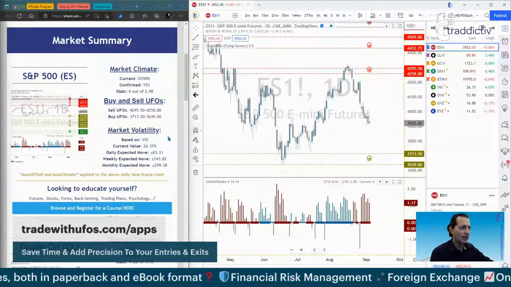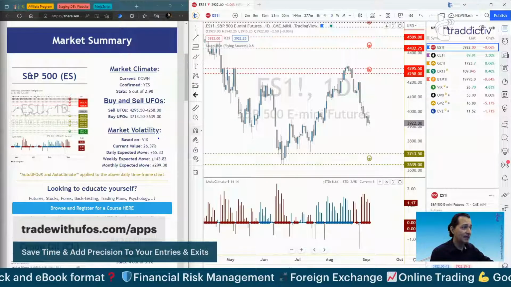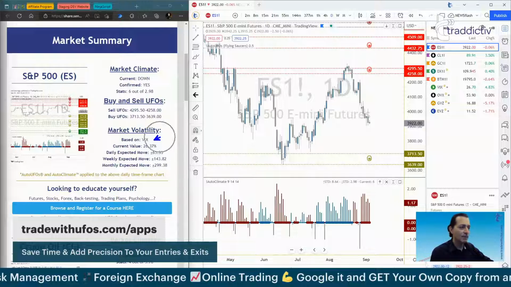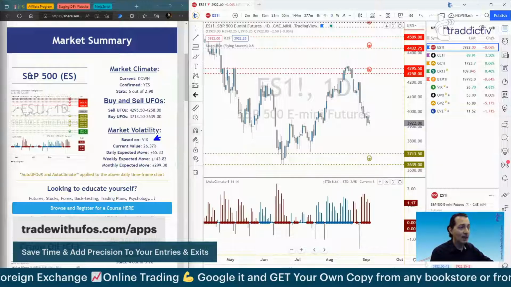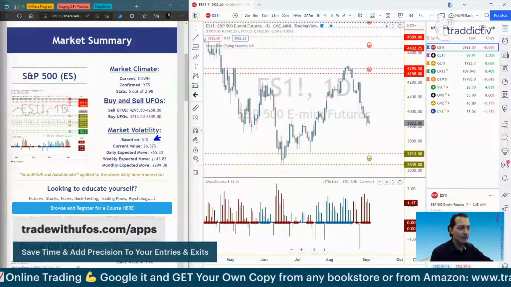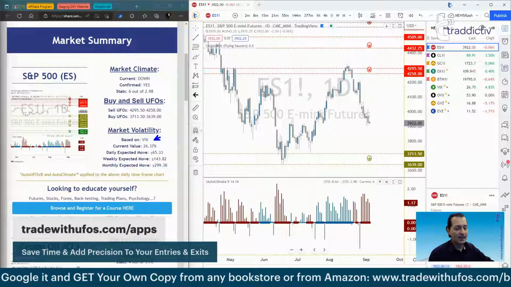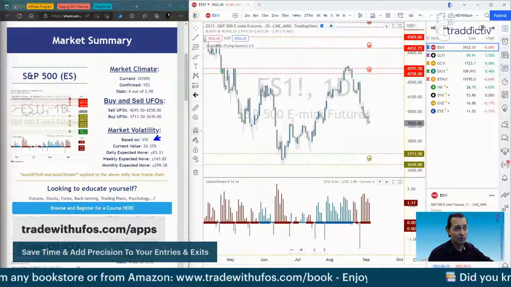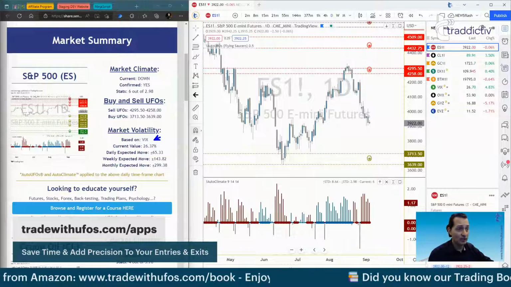Implied volatility, or market volatility, we get it from the VIX. The VIX is the implied volatility of the options of the S&P 500 index, which represents 500 stocks in the US, the 500 greatest stocks in the US.